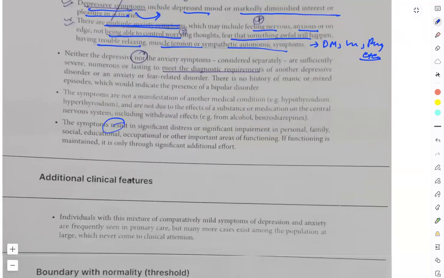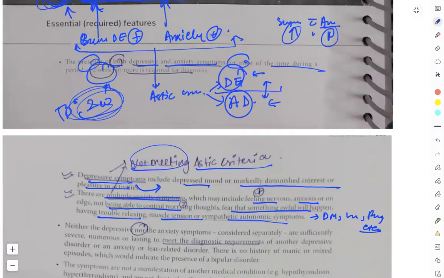And the symptoms result in significant distress or significant impairment in one or all of these domains. So this was about mixed depressive and anxiety disorder.